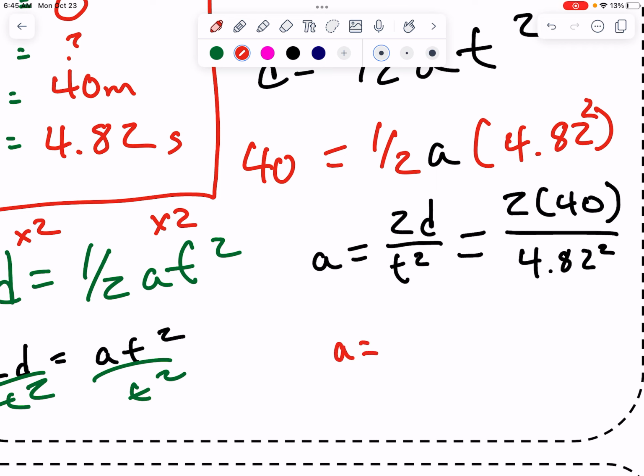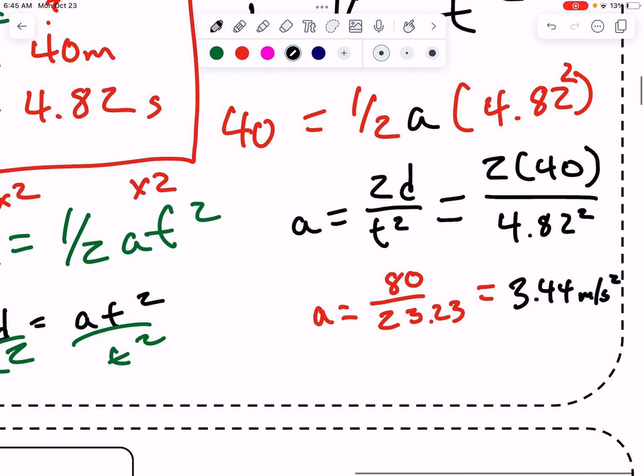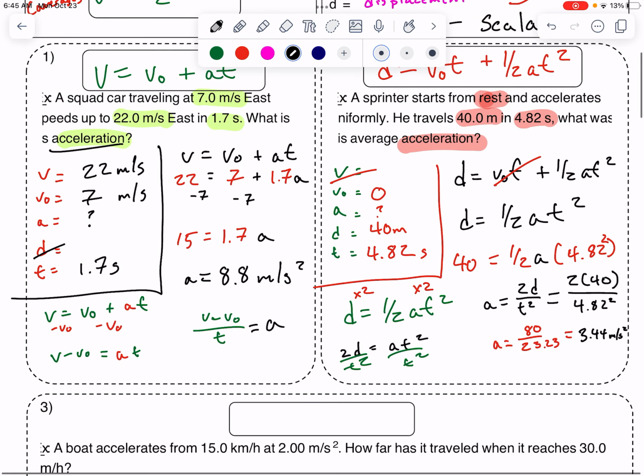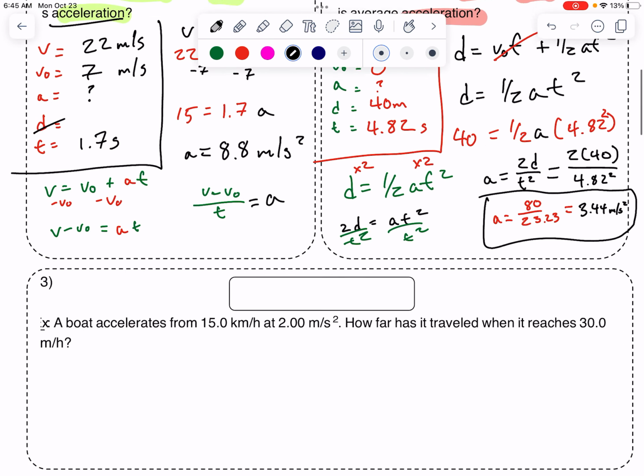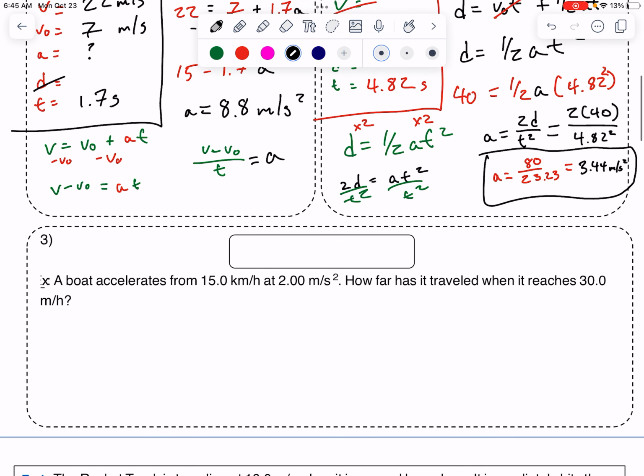A equals 80 divided by 23.23, which is going to equal 3.44 meters per second squared. All right.